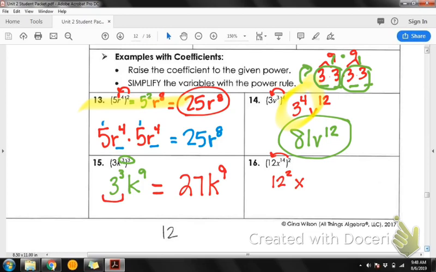And I multiply 14 times 2 to get 28 for my x's. 12 squared, Candace says, is 144. X to the 28th power. 144x to the 28th power. Questions on that?